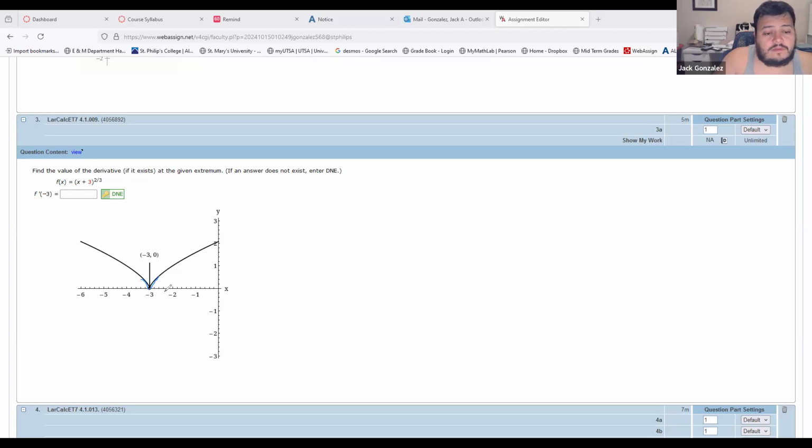So the derivative will not be defined at -3. So it should not exist because it's so sharp, right? They call that in the book a cusp. Okay. And when you take the first derivative, you will see obviously why.